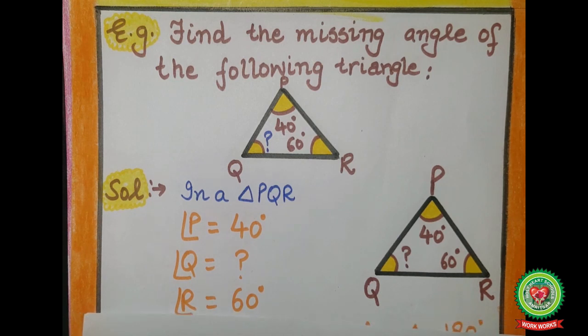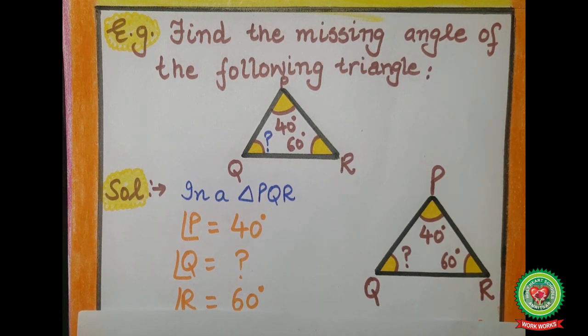Now, let's start with solution. In solution, we will write in a triangle PQR. Students, here naming is already given, P, Q and R. That's why we will write here in a triangle PQR.